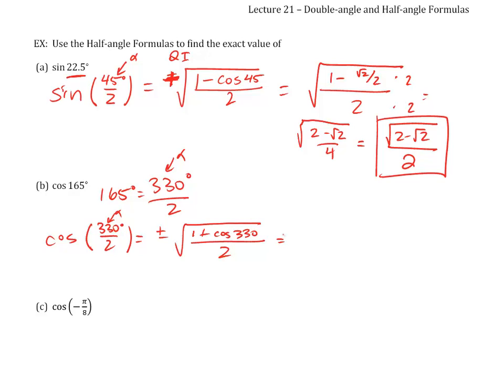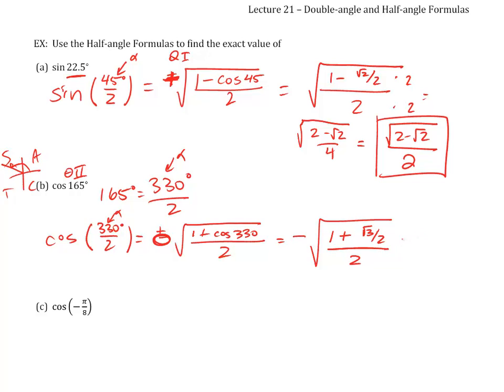Now, is it positive or negative? Well, where is 165? 165 is in quadrant 2. Remember, all students take calculus, so cosine is negative there. So you'll have a minus the square root of 1 plus, and cosine of 330 is square root of 3 over 2, all divided by 2.